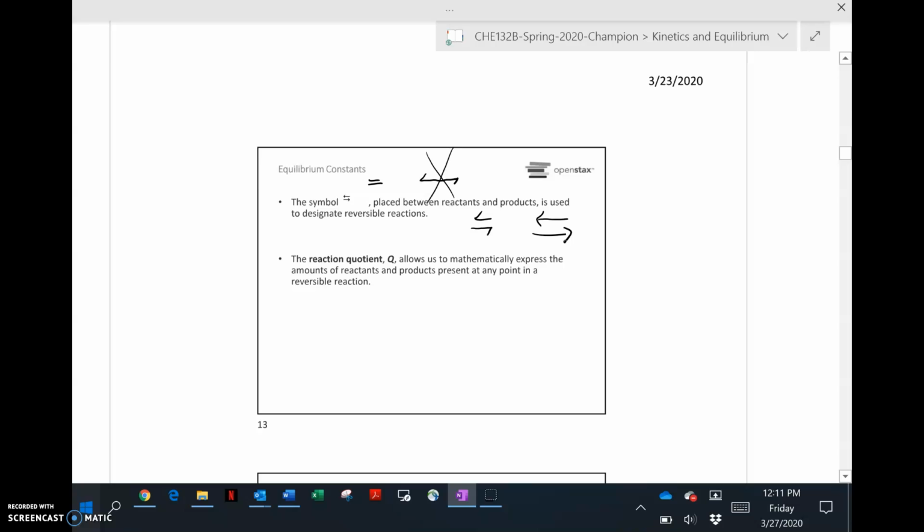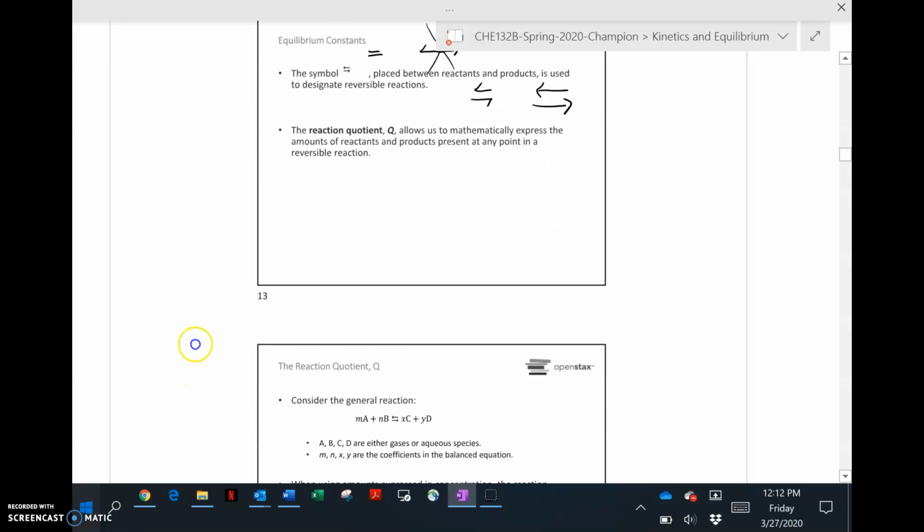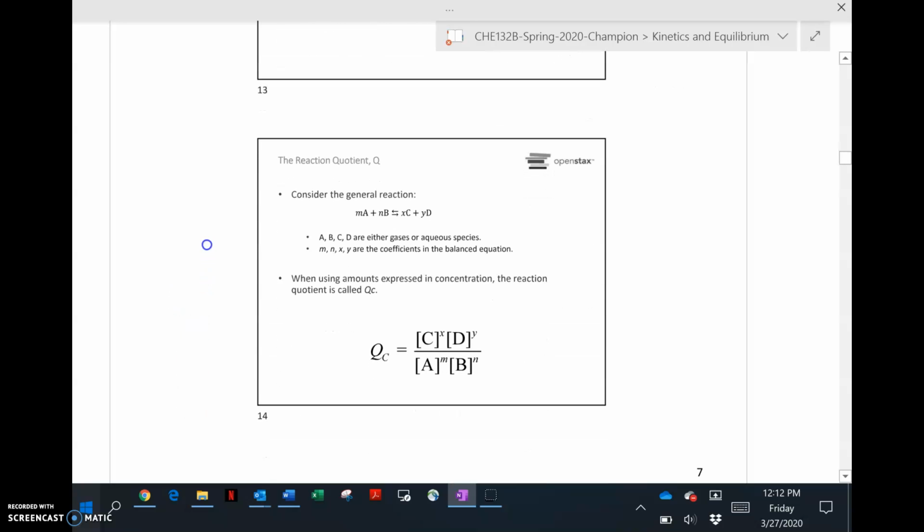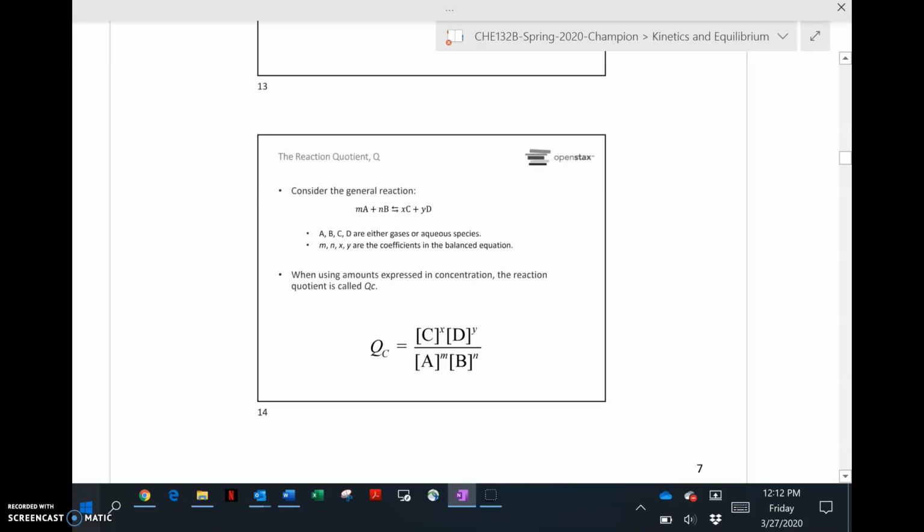The reaction quotient lets us come up with a number based on the amounts of the reactants and products present at any point. And there's a pretty simple general scheme for it. What you're going to do is take the products, raise them to their coefficient, and divide by the reactants raised to their coefficient, and you have to do all of them.